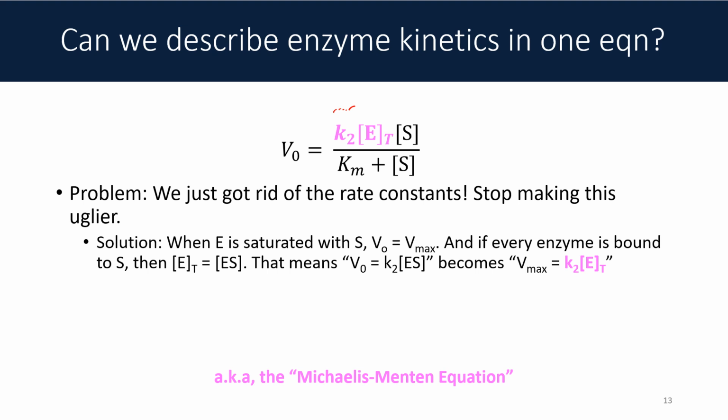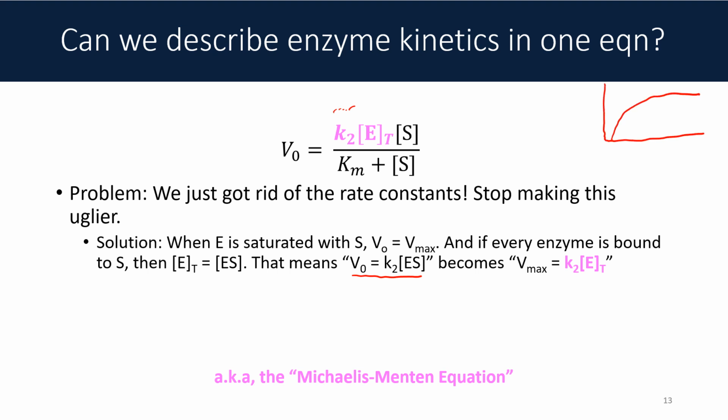Well, remember from last slide when we stated that V naught, the instantaneous velocity of our reaction, equals K2 times ES. I want you to consider this rate law in a very special scenario. Remember the enzyme kinetic curve I showed several slides back?